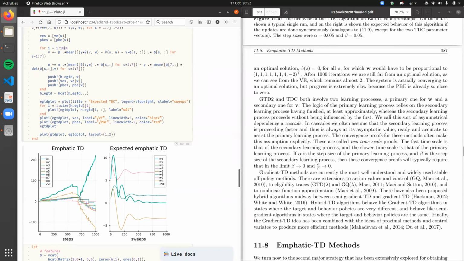So this is called asymmetrical dependence cascade, and there are some requirements on the learning rates here so that we have guaranteed convergence. We should decrease the beta value towards 0, and also the ratio of alpha to beta should in the limit go towards 0.